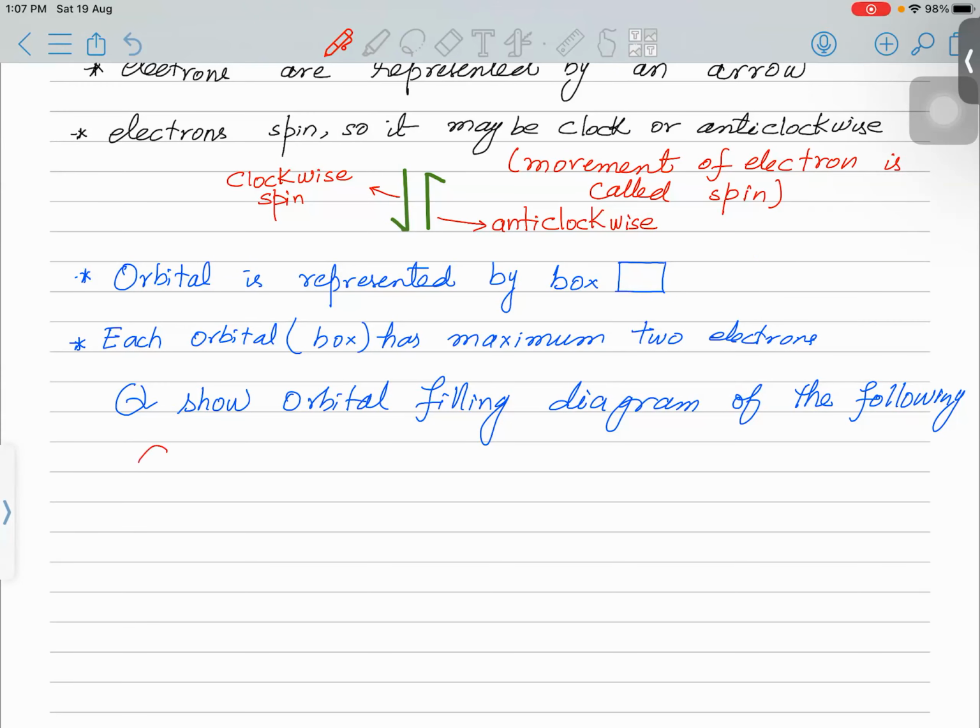Now, first question is chlorine 17. Chlorine 17 is 1s2, 2s2.